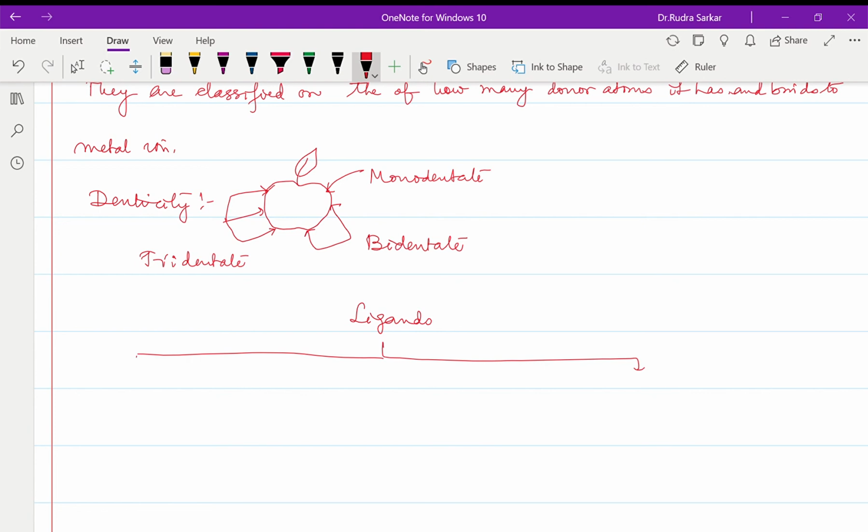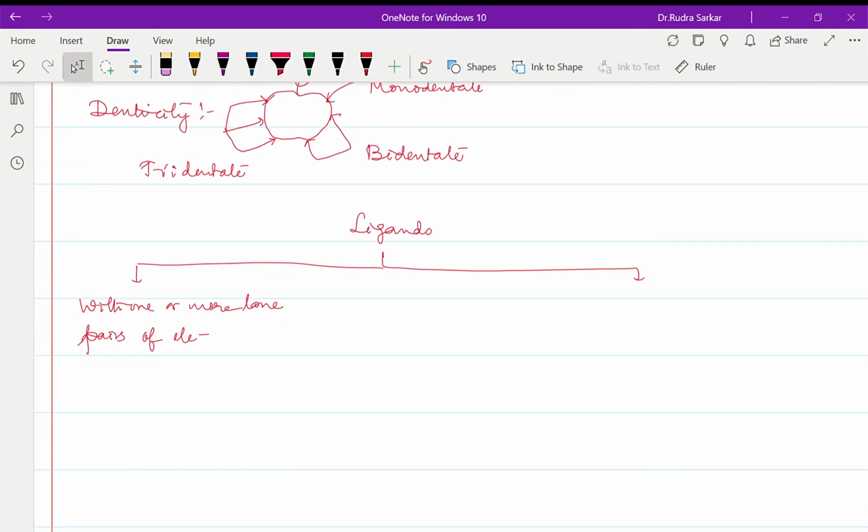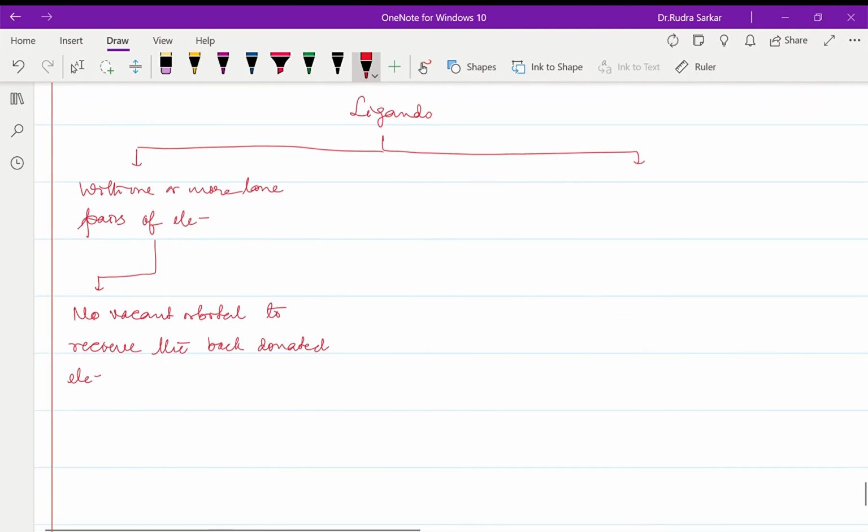We have ligands, and we are classifying them: with one or more lone pairs of electrons, ठीक है, then no vacant orbital to receive the back donated electrons from the metal.